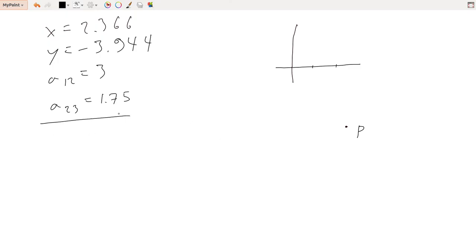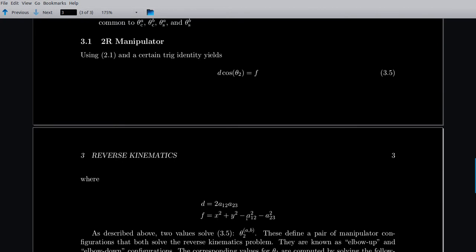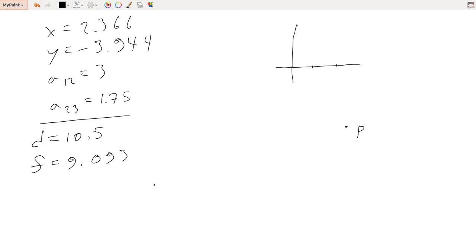So for this example, it works out that D is equal to 10.5. So 2 times A12 times A23 is 10.5. And F is equal to 9.093. So x squared plus y squared minus this minus that is 9.093.